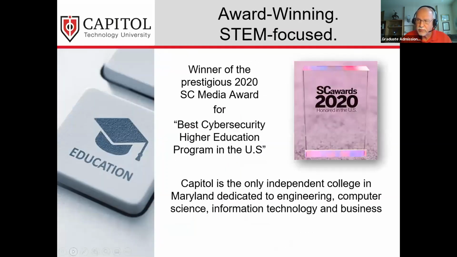Earlier this year, we won the prestigious 2020 SC Media Award for the best cybersecurity higher education program in the United States. Likewise, we were named as having one of the finest master's level programs in the United States. Even though this is designed for high school students, it's good to know that you're involved with a program that has exceptional training and education throughout the entire scope, from the bachelor's level all the way up to a doctoral level.